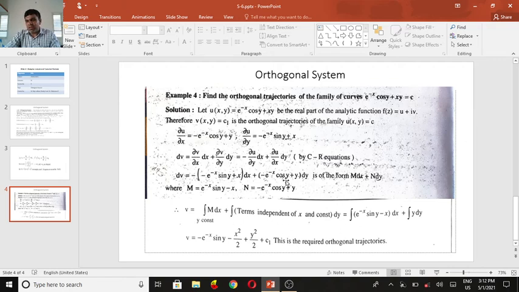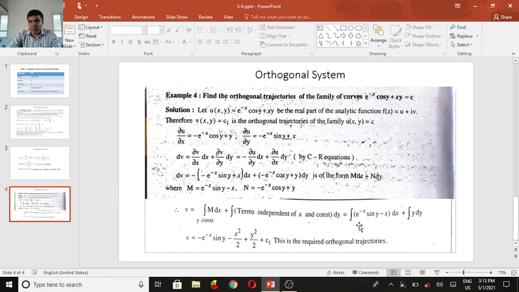This is the way you integrate: M dx plus the term independent of x in N times dy. Here M is e power minus x sin y minus x, and in N the term e power minus x cos y contains x, so the only term is y. So the integral of (e power minus x sin y minus x) dx plus the integral of y dy.